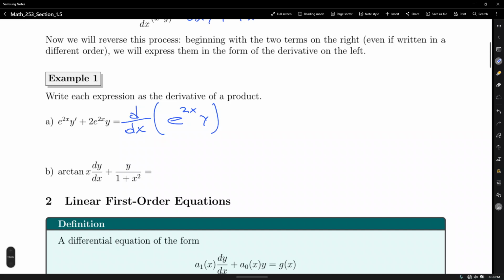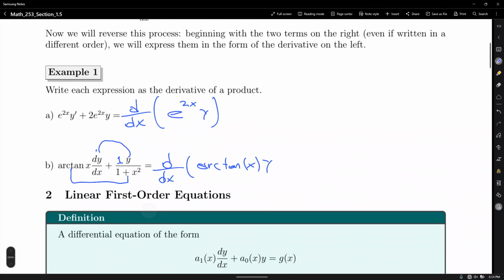The derivative of y, which is dy/dx, and then the derivative of arctangent, which is 1 over 1 plus x squared. So this means we are differentiating with respect to x the function arctangent of x times y. Notice the parentheses around the x, because the y is not part of the argument here.